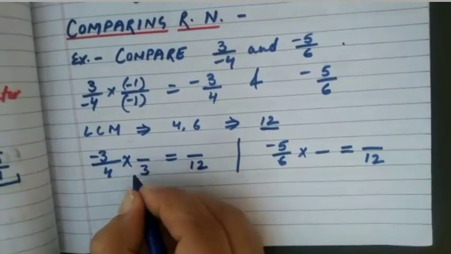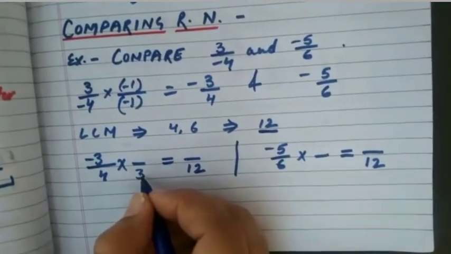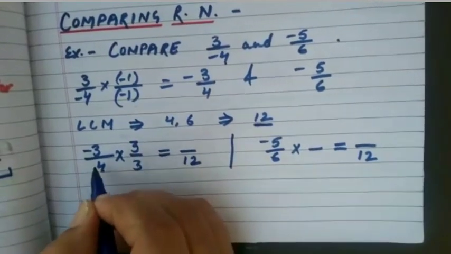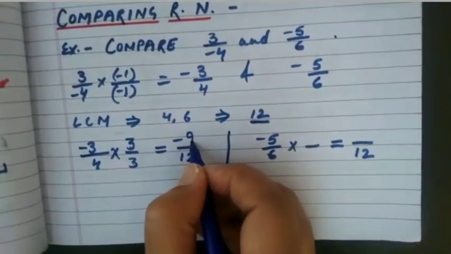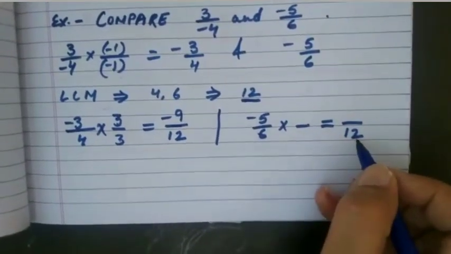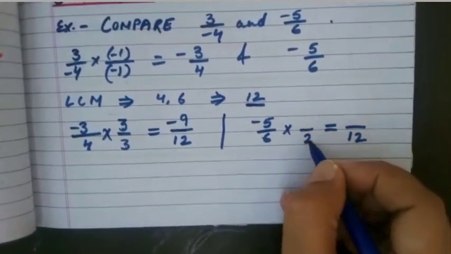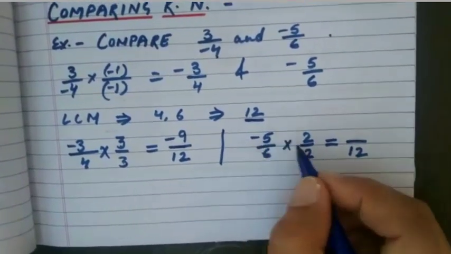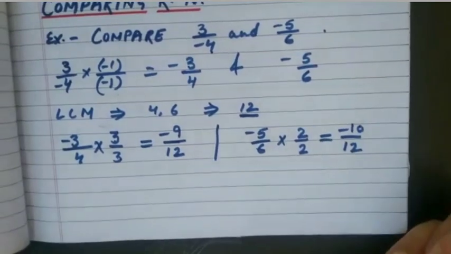So we got the answer 3. So whatever number we multiply in the denominator, the same number we will multiply to the numerator. So 3 times 3 is minus 9. Here again in 6, what do you multiply so that your answer is 12? It is 2. So the same 2 you will multiply in the numerator as well. So it is minus 10.